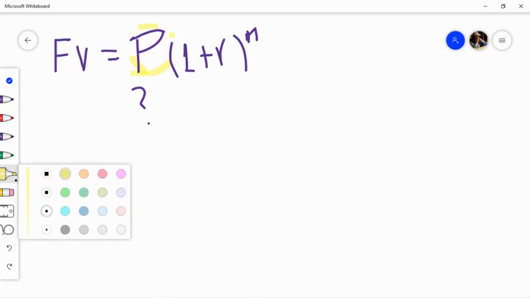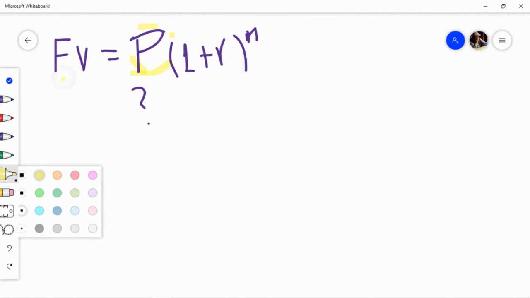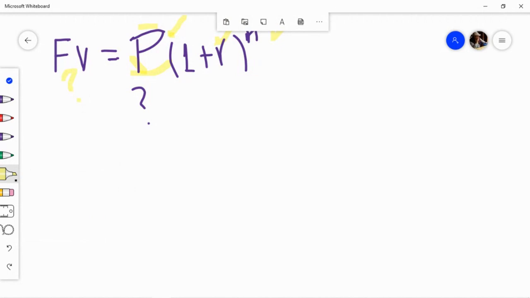In the case of compounding, future value is the unknown, but principal, rate, and time are all known.